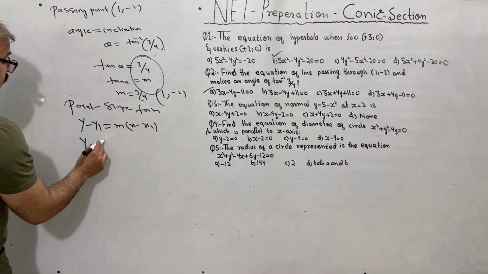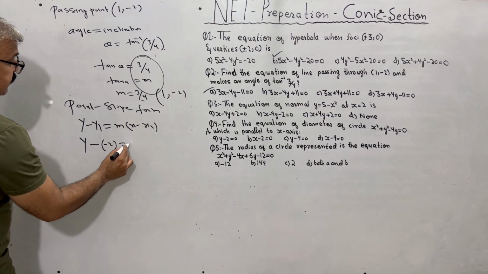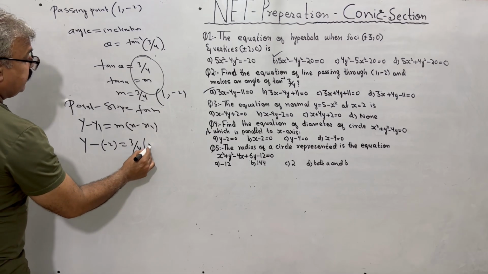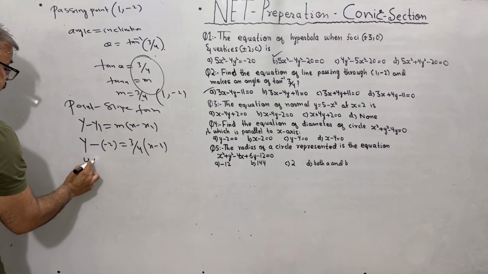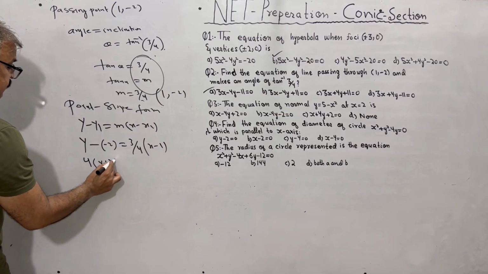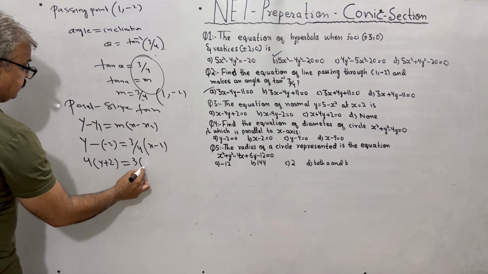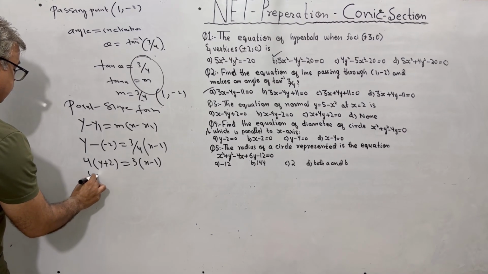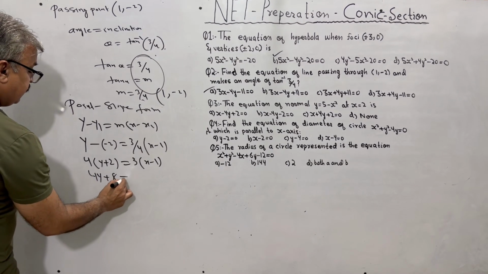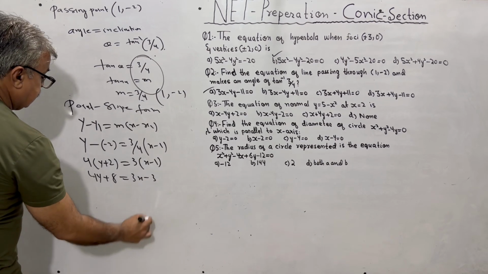y minus negative 2 is equal to 3 over 4 times x minus 1. Shift 4 here, it will become 4 times y plus 2 is equal to 3 times x minus 1. So we have 4y plus 8 is equal to 3x minus 3.